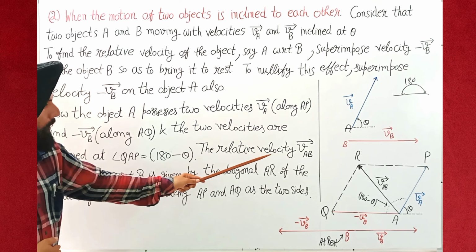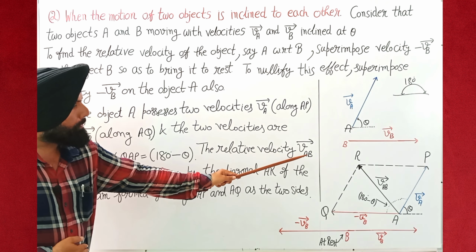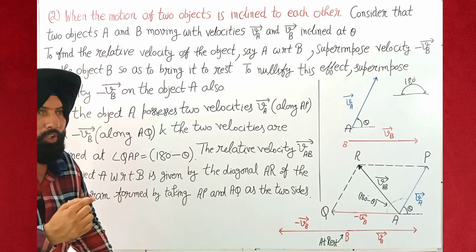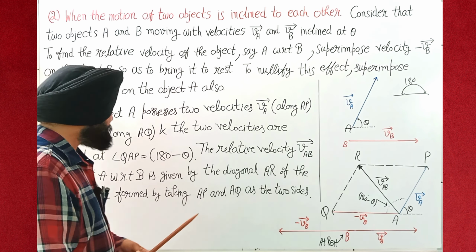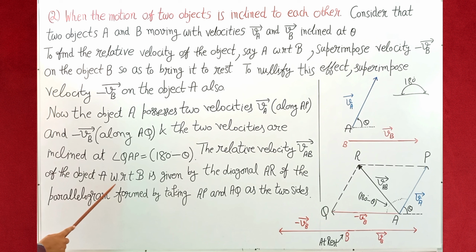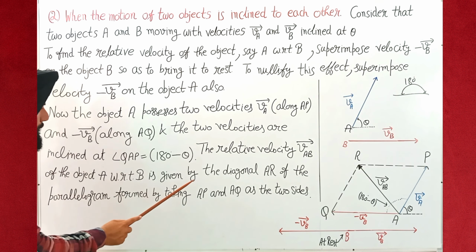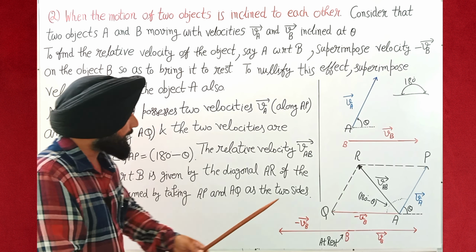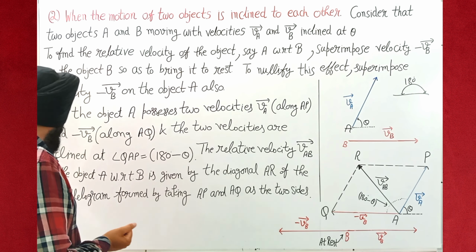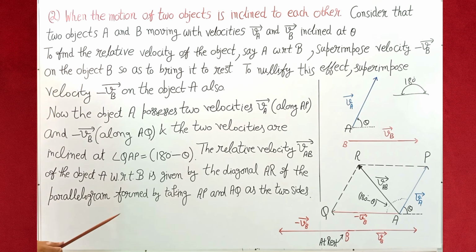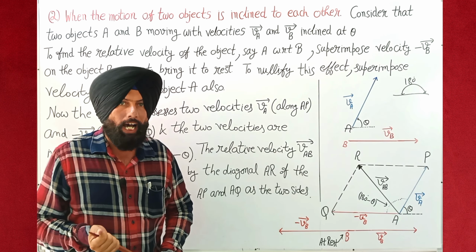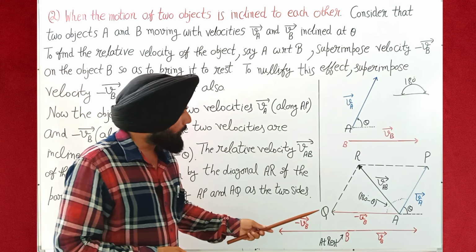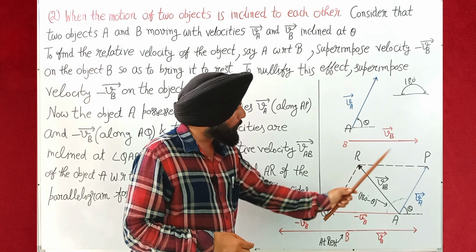The relative velocity V_AB vector, meaning the relative velocity of object A with respect to B, is given by the diagonal AR of the parallelogram formed by taking AP and AQ as the two sides. Now we have completed the parallelogram.